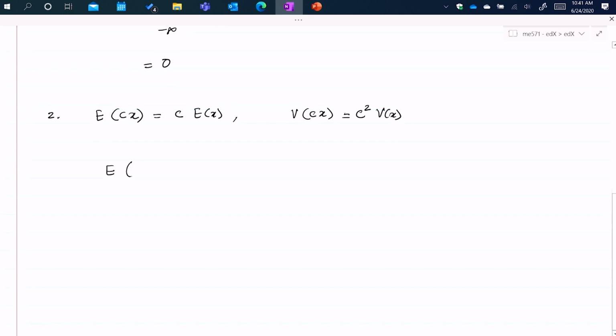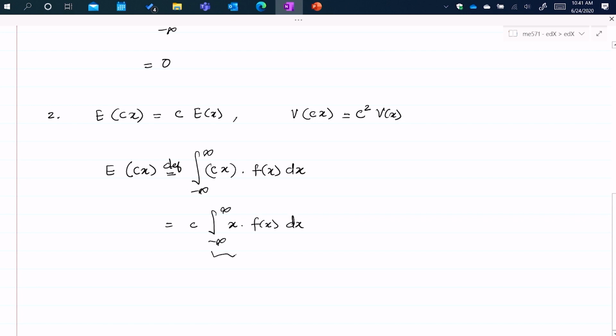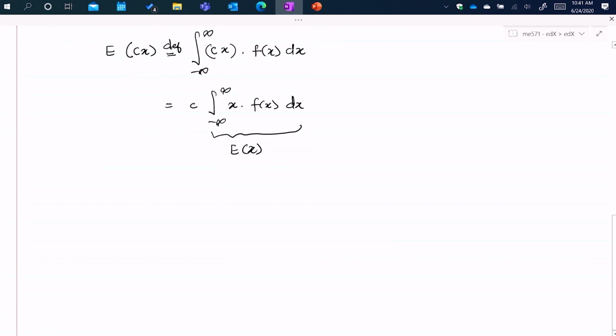The expected value of c times x, by definition, is the integral from minus infinity to plus infinity of the quantity, c times x, times the PDF f of x dx, which is c times the integral of x times f of x dx, which we recognize as the expected value of x. Therefore, the expected value of c times x is c times the expected value of x.